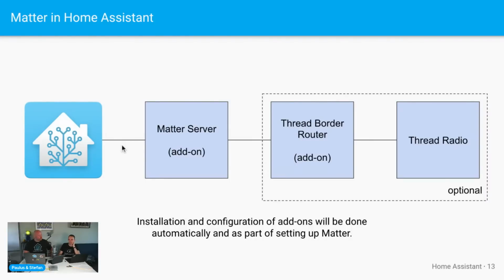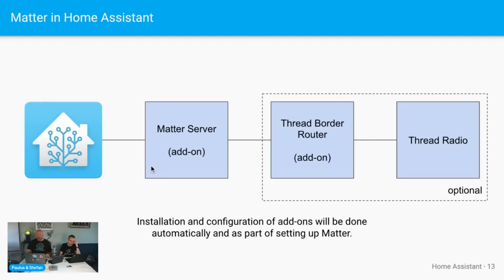Yeah, via WebSocket. And in Home Assistant, the Home Assistant core is where we have the other side, the Matter integration, and this acts as a WebSocket client, talking to that server.